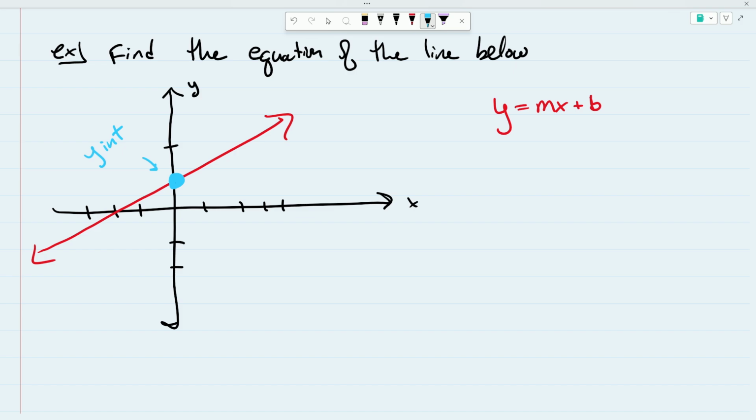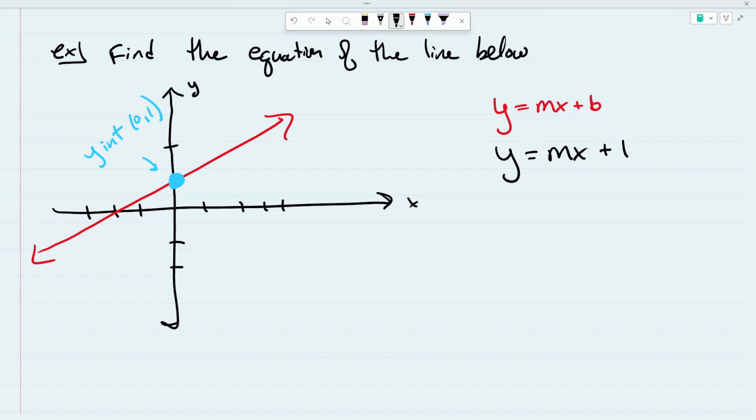And I'm also going to identify that. That is the ordered pair (0, 1). So I already know over here on the right-hand side, my equation is going to be y equals mx plus 1. Now the question becomes, okay, well, how do you go ahead and get your slope?